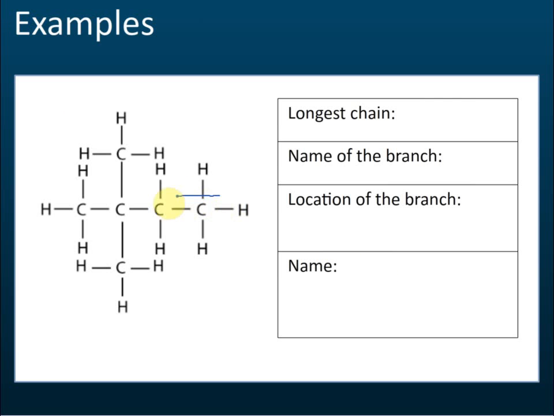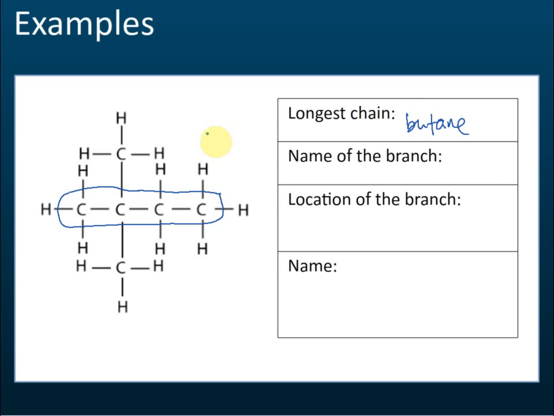You can take this as the longest chain, 4 carbons. You can also take this as the longest chain, also 4 carbons. Or you can take this, also 4 carbons. So the longest chain is a butane.